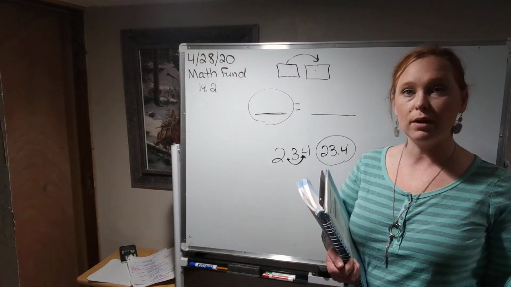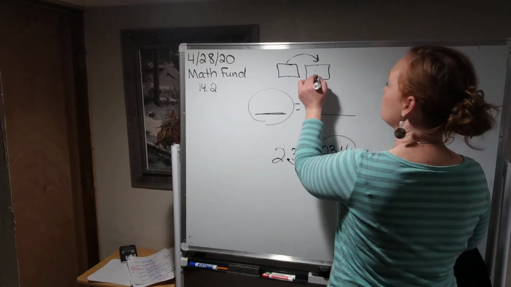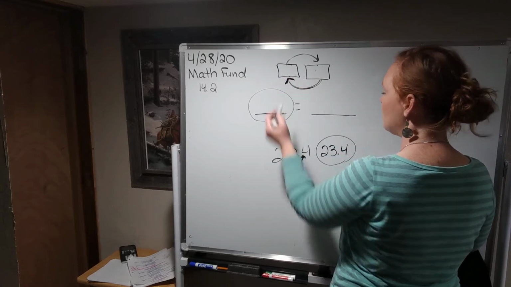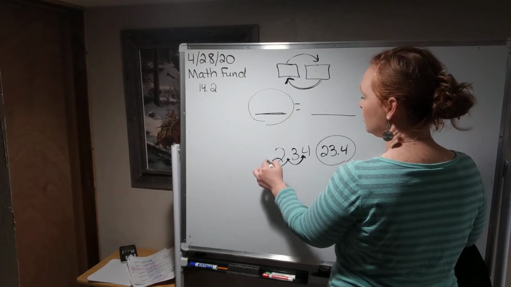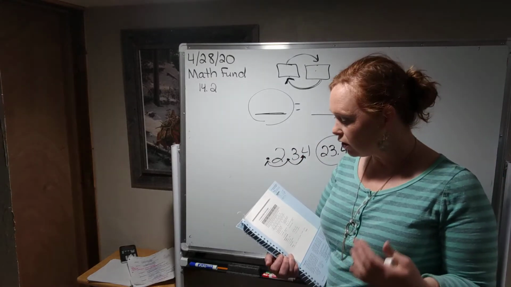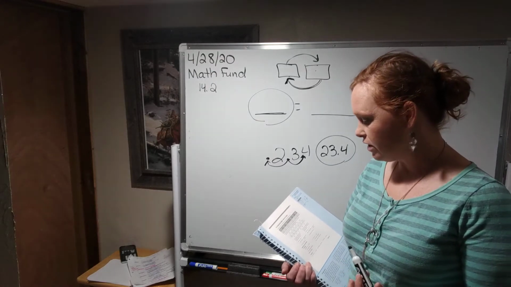The decimal moves one place to the left or one place to the right. Now if I start here and I'm going this direction, I move one, but I move my decimal to the left. Okay, so you're following the pattern of that box. Look at that diagram and study it. Look at it and know it.